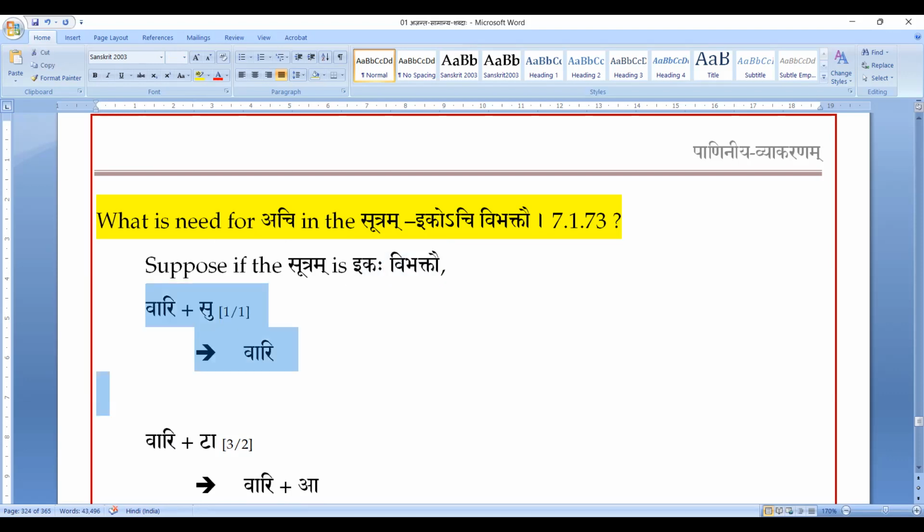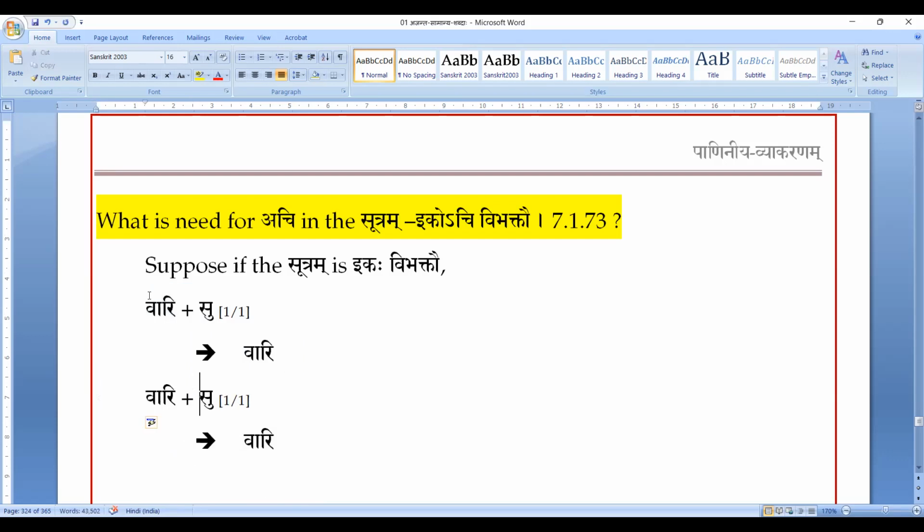Similarly, the other, vari plus su au. So here I will do both. Taking the sutra to be with achi, iko achi vibhakto. So ajadi vibhakti pratyaya pare, vari plus au. What you get here, num will come.